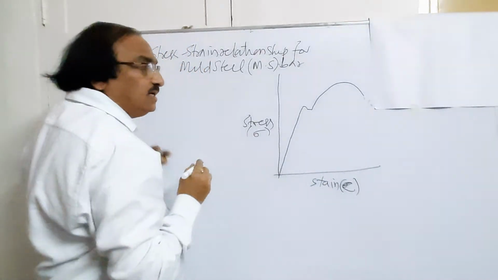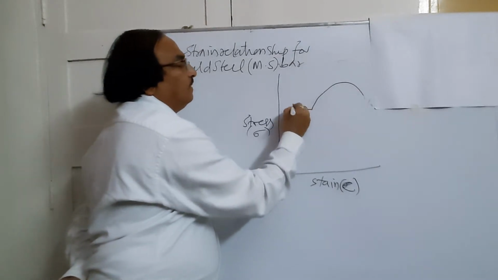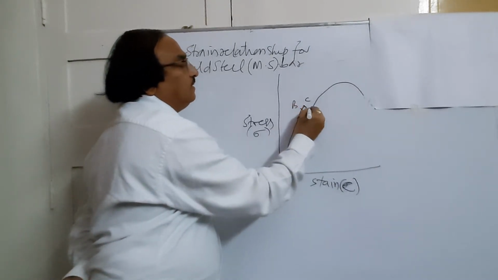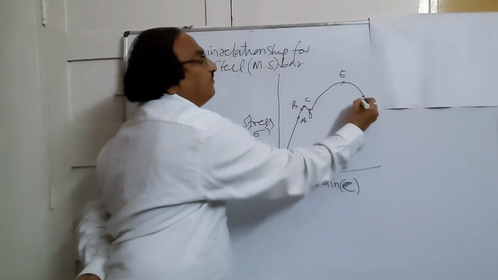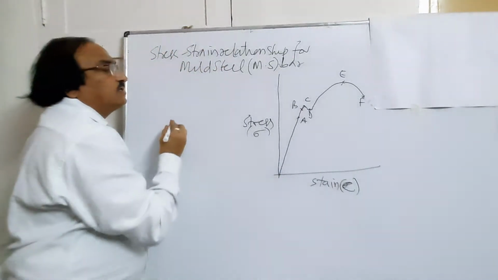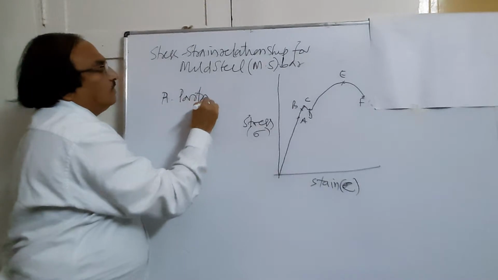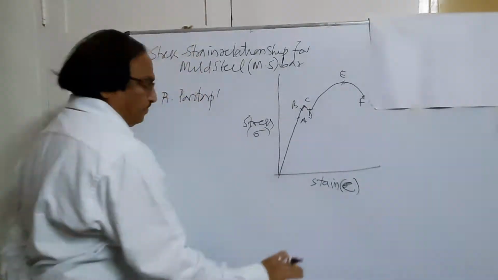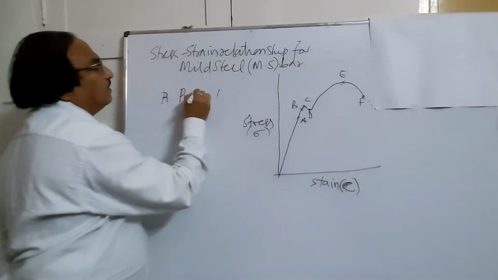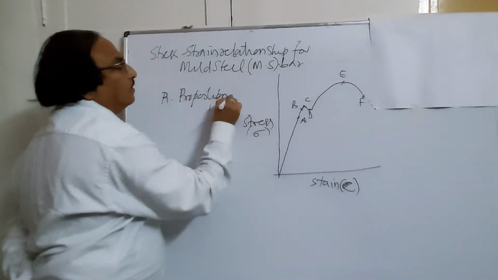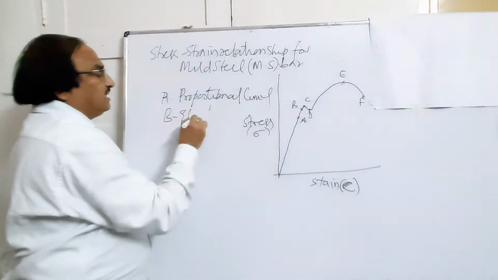Now you see certain points on this graph. Let me plot them as A, B, C, D, E and F. A is known as the proportional limit. B is known as the elastic limit.